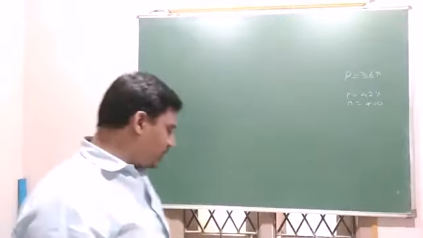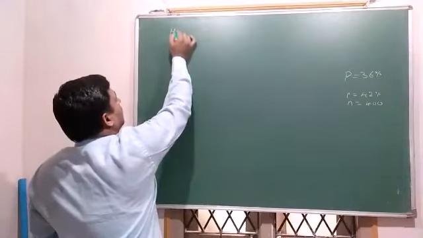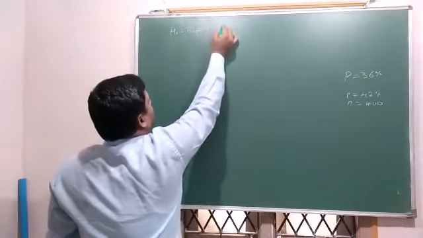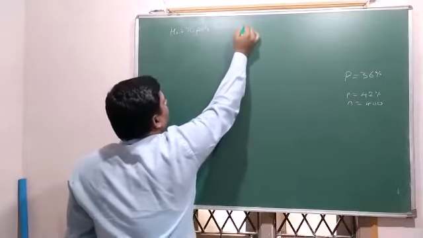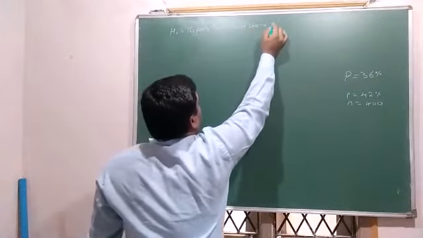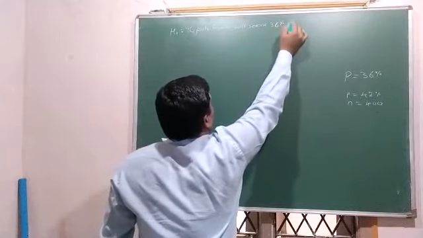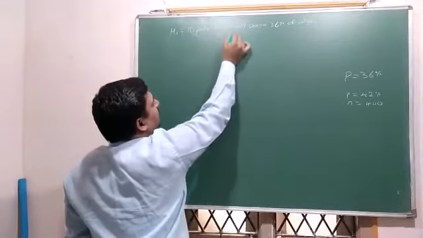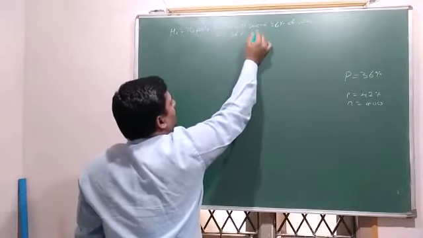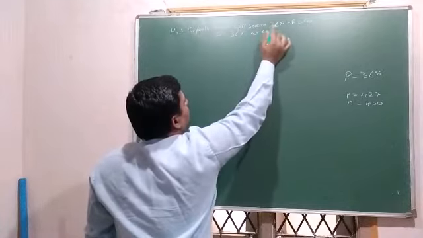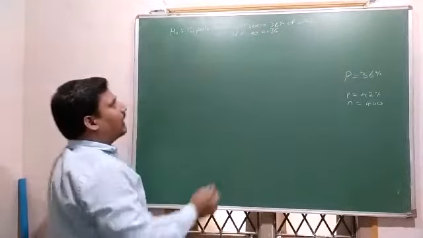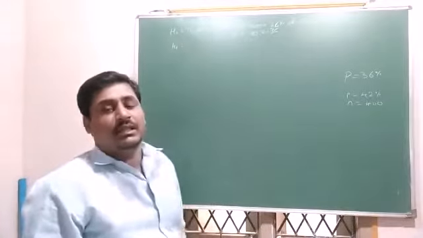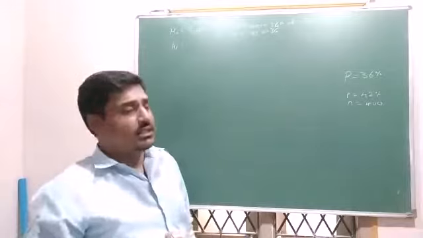So H0: the party leader will secure 36% of votes, so capital P is equal to 36% or 0.36. And H1 is what they are expecting, that is, more than 36%.